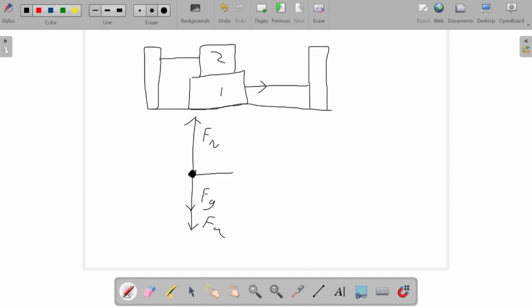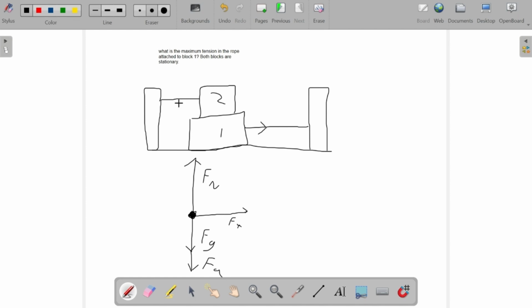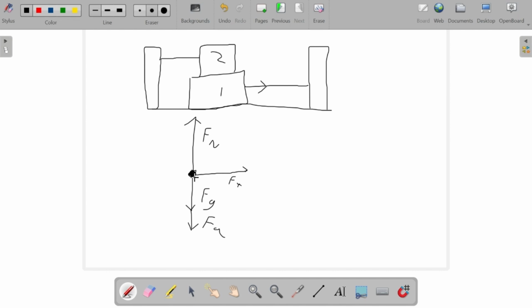Now to the right, it has Ft. And to the left, let's see, it has the friction of itself on the ground. And one more.